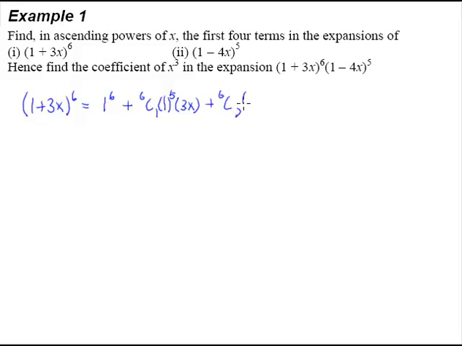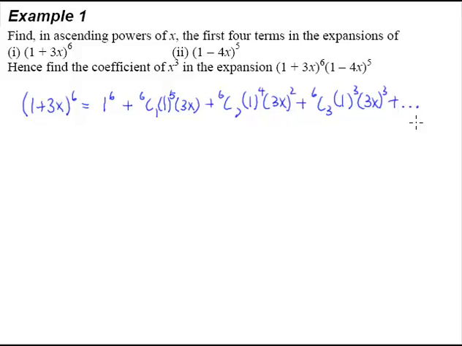The third term will be 1 raised to the power of 4 and 3x raised to the power of 2, and of course the last one, 6C3, which has 1 raised to the power of 3 and 3x raised to the power of 3. And we actually have some more terms behind.